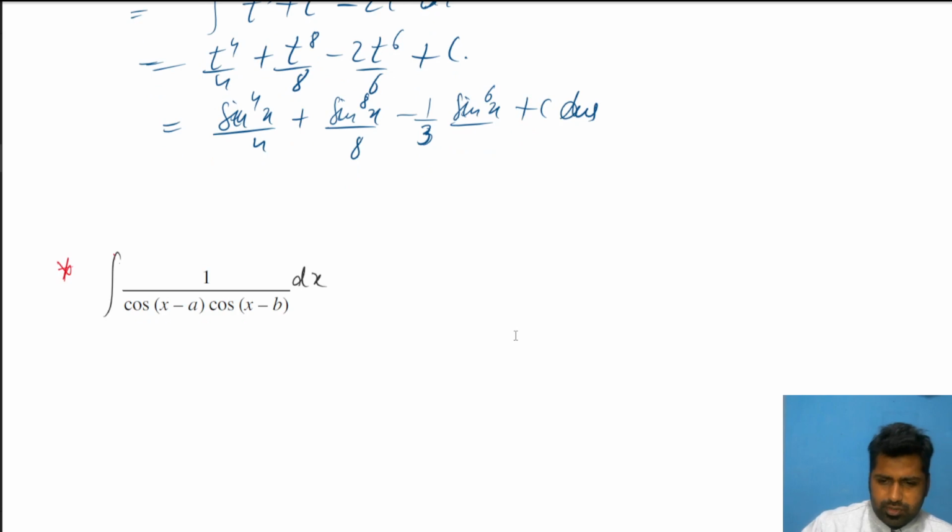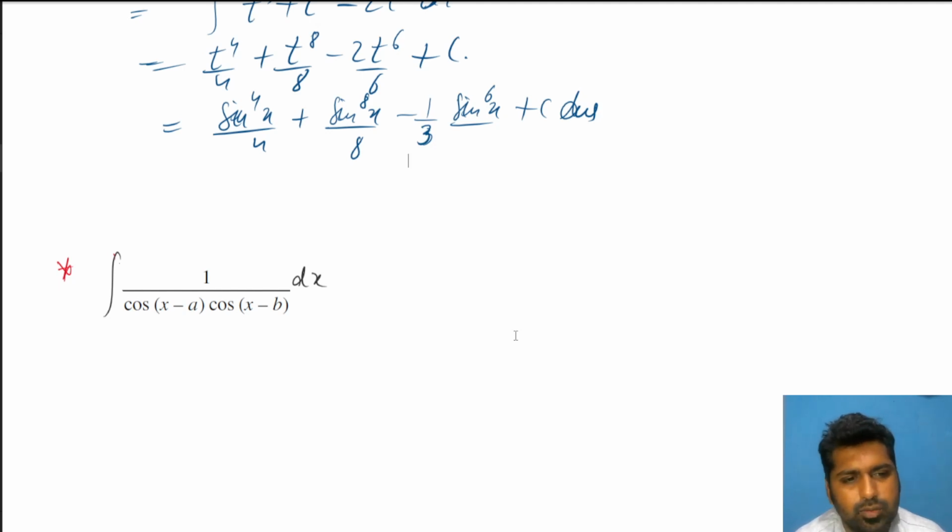That pretty much covers all the forms. Okay. More trigo. Mostly all the forms. There are certain more also, but I think that pretty much covers your basics of trigonometric integration. Now one particular kind of question, that is this one.